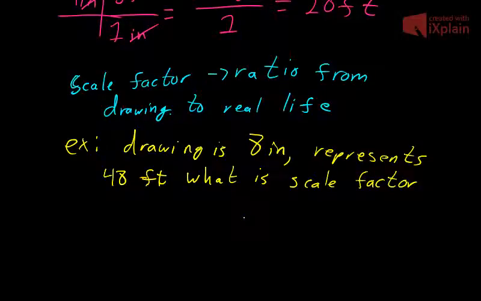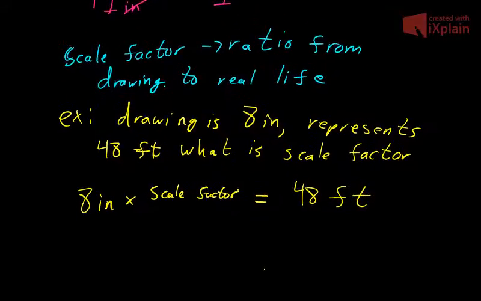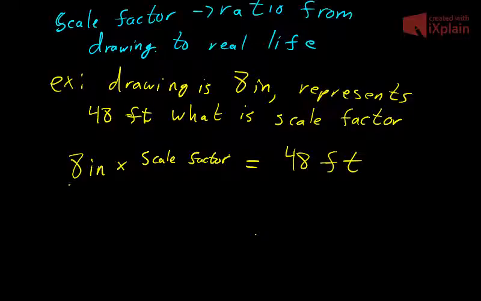There's a couple ways to do this, and I'll show you both. We'll start with the hard way, then we'll do the easy way. So I know that 8 inches times my scale factor has to equal 48 feet. To get the scale factor by itself, I'm going to divide both sides by 8 inches.